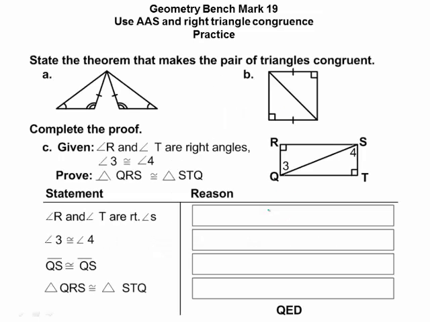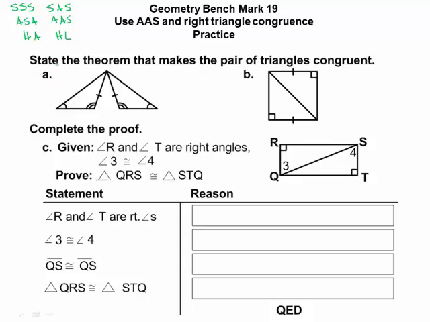Okay. So let's look at these. Let me write down what we have all together. We can have side, side, side; side, angle, side; angle, side, angle; angle, angle, side; hypotenuse, angle; and hypotenuse, leg.